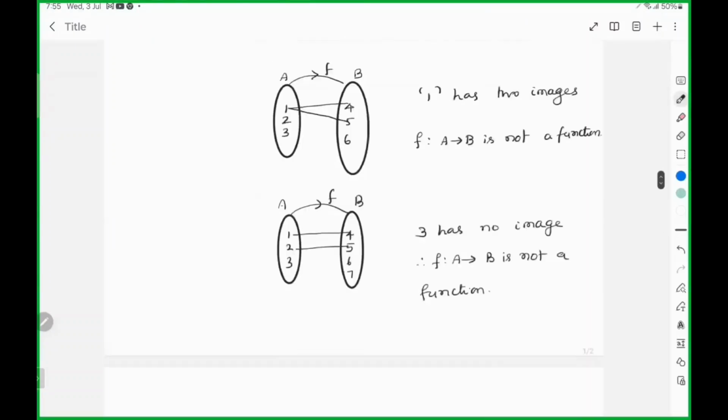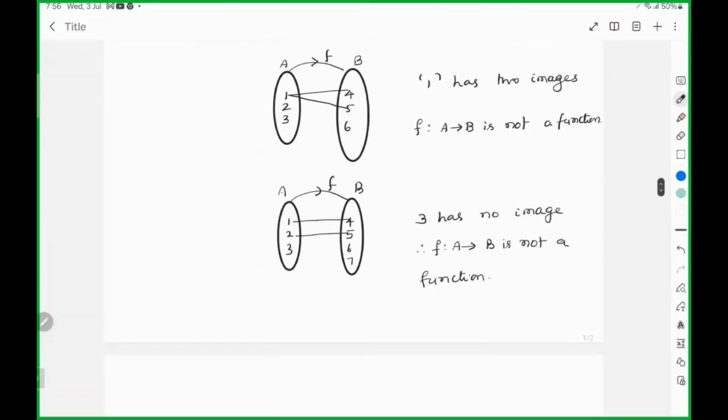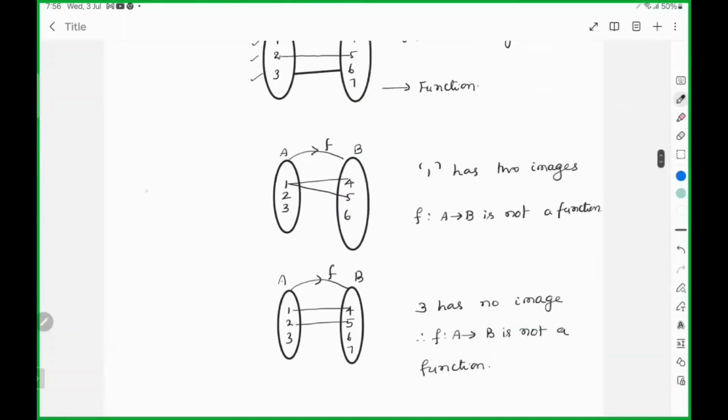So why do they put such restrictions? Let us observe. This F is a kind of activity. Let us consider the same sets I considered here.